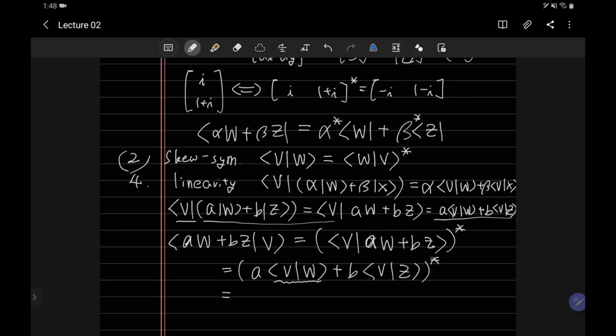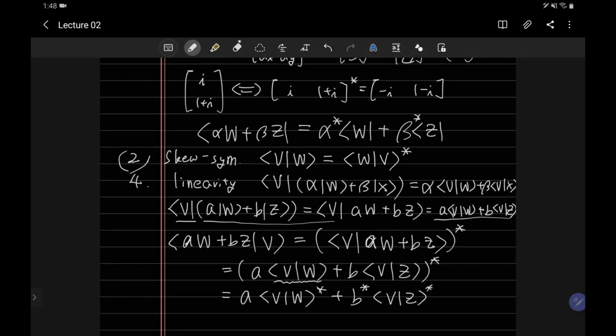So what that means is that this complex conjugation will apply to each scalar value, which is A, and another scalar value for this one, and also for this one and this one individually. So what eventually this one will become is V W complex conjugation plus B times V Z, oh sorry, B star V Z.